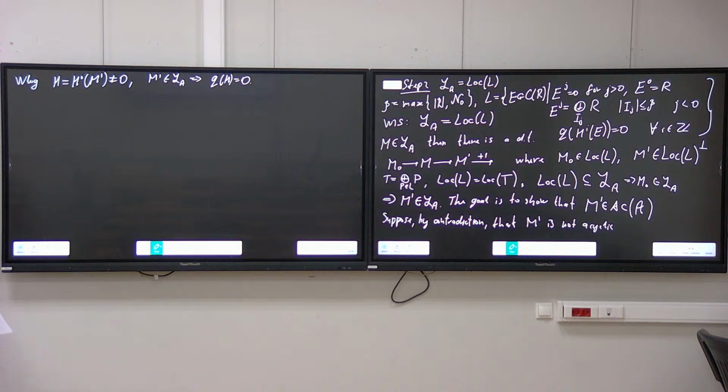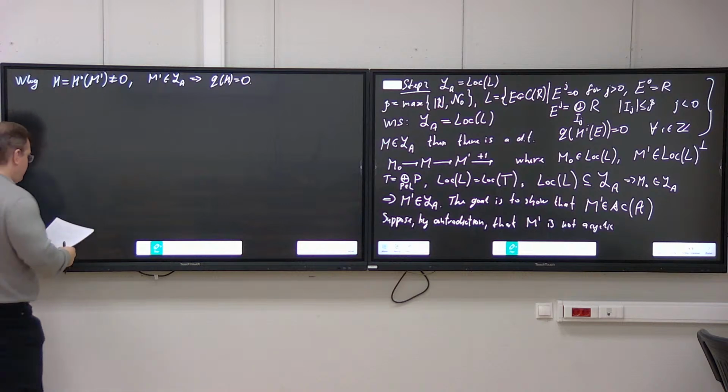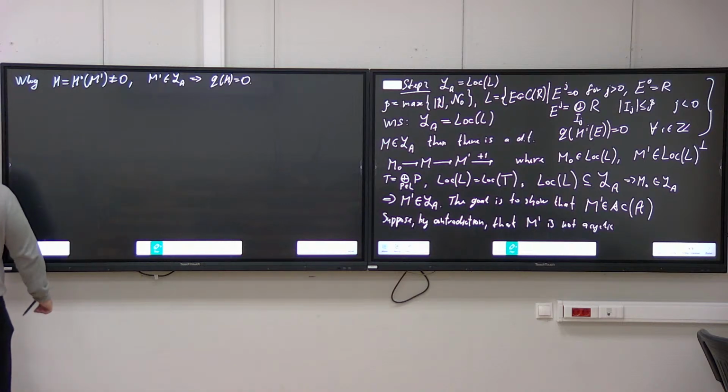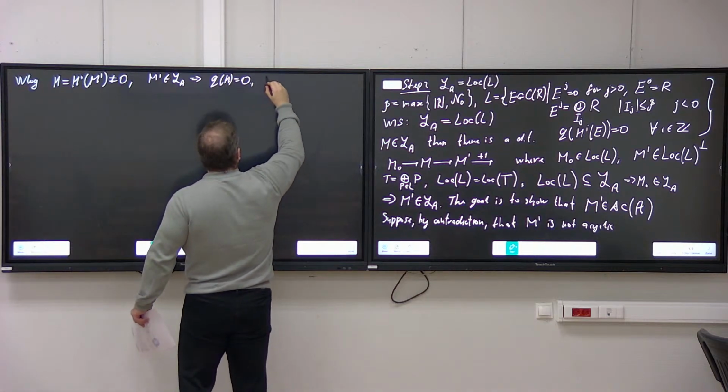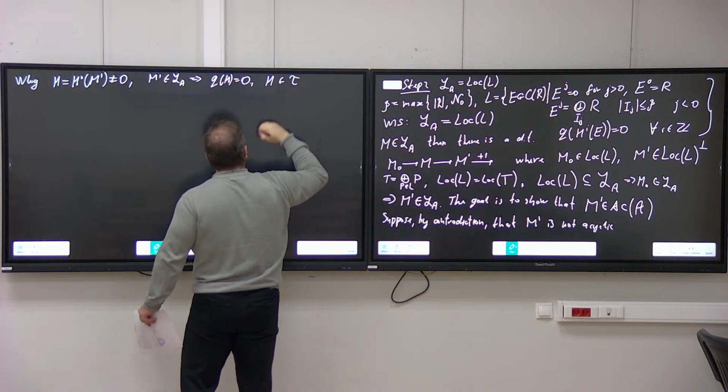L_A was defined as the kernel of Q, so this homology module Q(H) has to be 0. So this means that H is torsion.